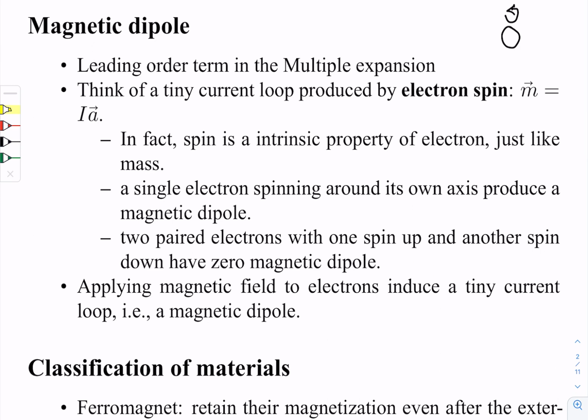So you can imagine that depending on the material, it might respond to a magnetic field differently because of this filling or incomplete filling of the electron orbitals. Applying a magnetic field to the electrons will induce a magnetic dipole, and how this magnetic dipole responds to the magnetic field is something that we want to study in this chapter.